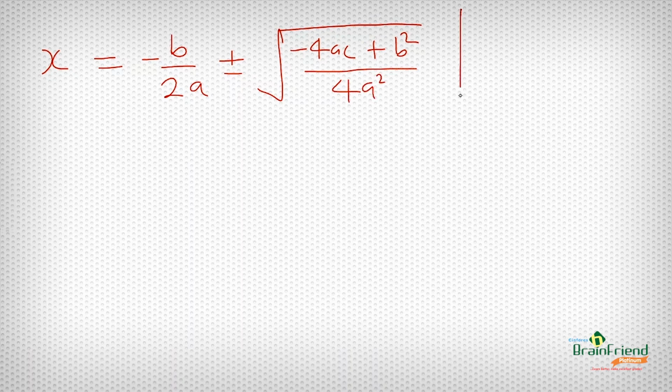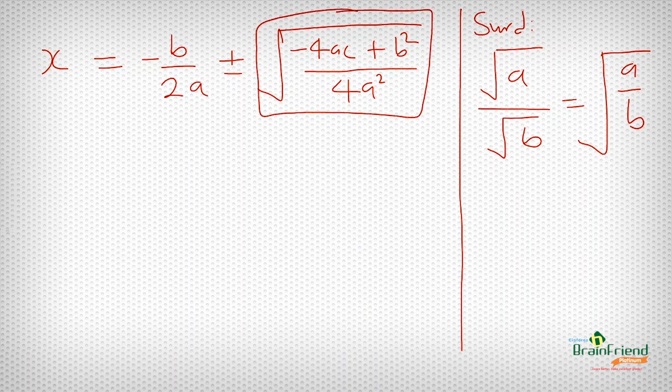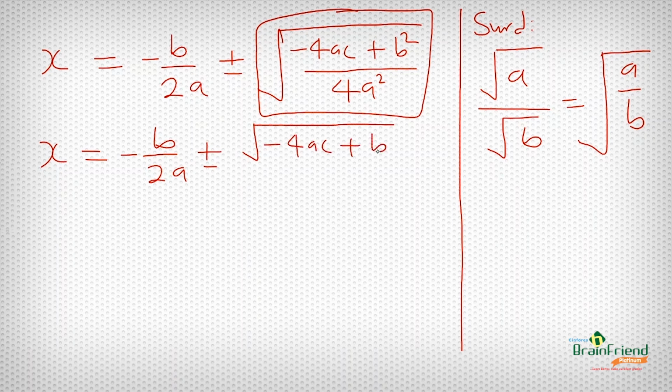Now, let's go back to our friend SOD. Do you remember that from SOD, square root of a over square root of b is the same thing as simply saying square root of a over b, right? So we would apply that here. When we apply that, we have x is equal to minus b over 2a plus or minus square root of the numerator, which is minus 4ac plus b squared all over square root of 4a squared.